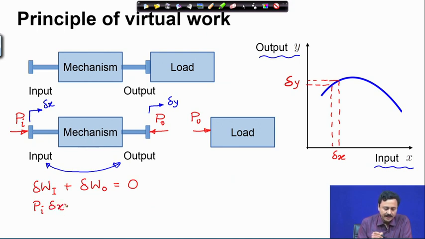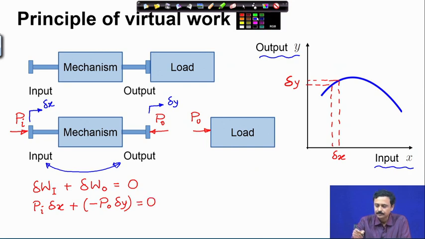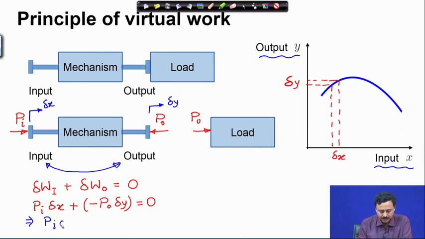You can see that P I and delta x are in the same direction, plus now P O and delta y are in opposition. And this must vanish. So, that implies P I delta x minus P O delta y must be equal to 0.